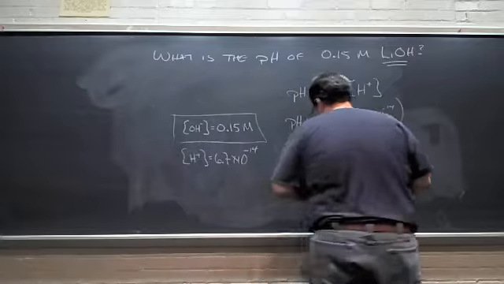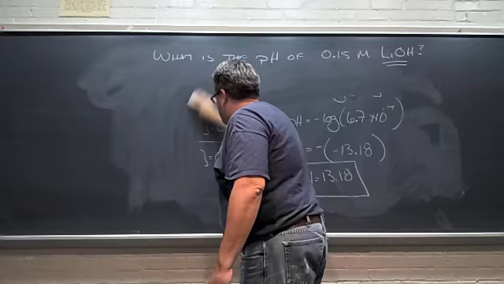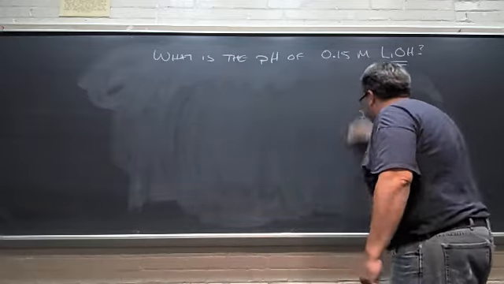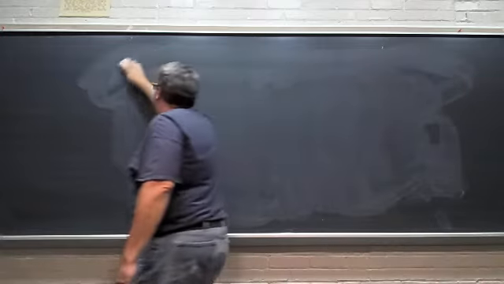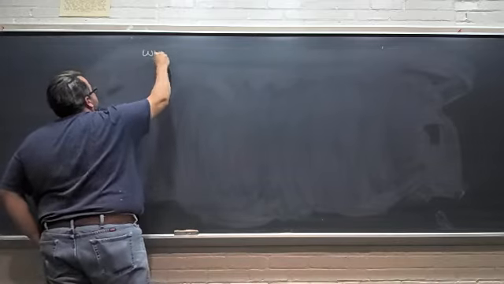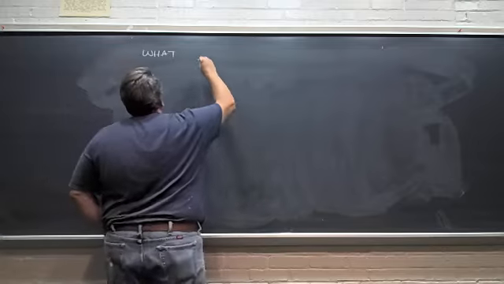Again, if you want to, you can use the pH to calculate the pOH, and from the pOH, calculate the hydroxide concentration and see if you get the 0.15 that we started with. All right. I just want to do one more example here with strong bases.